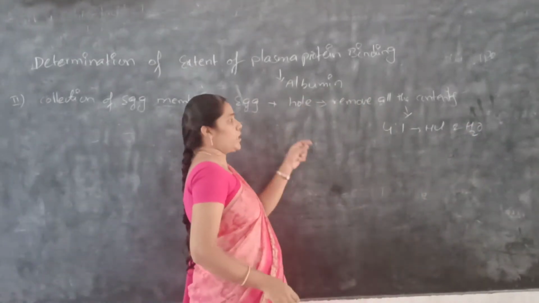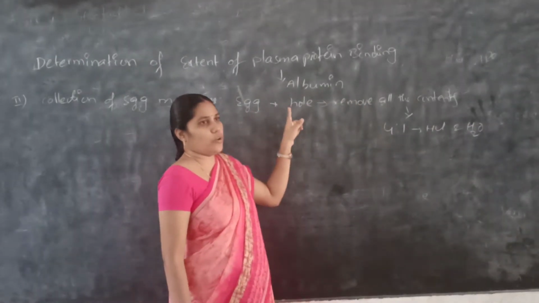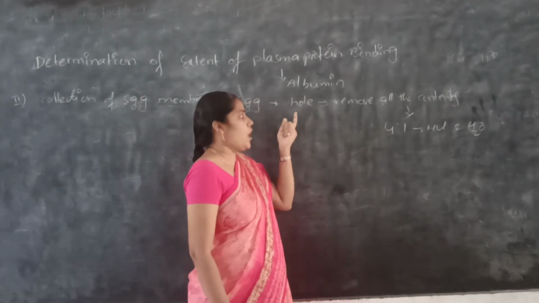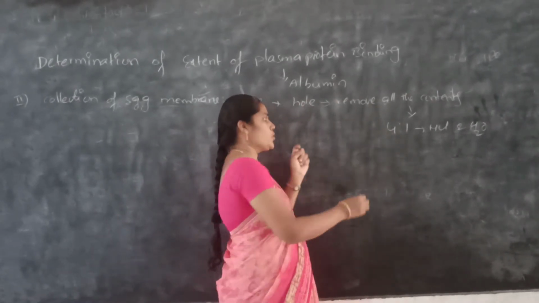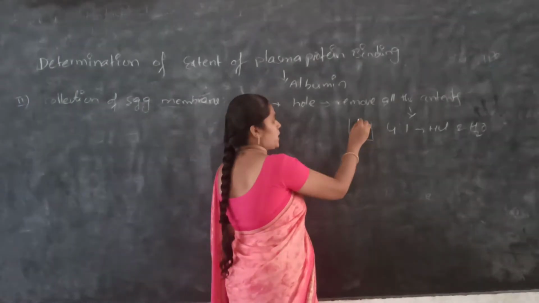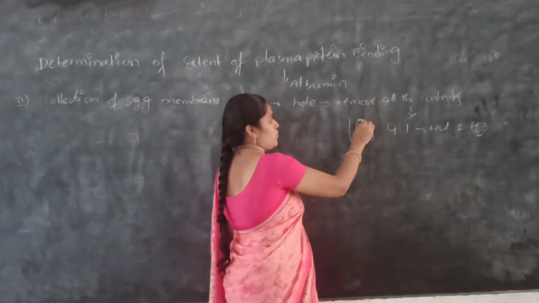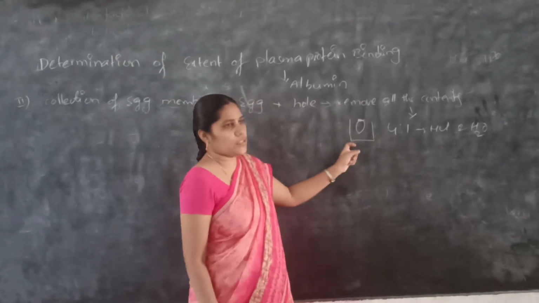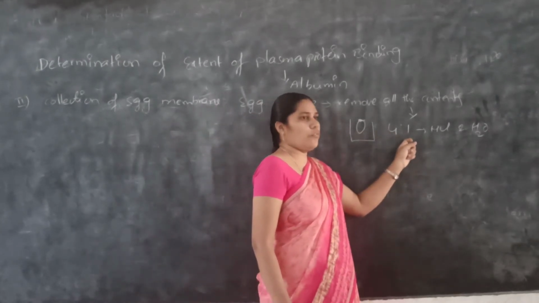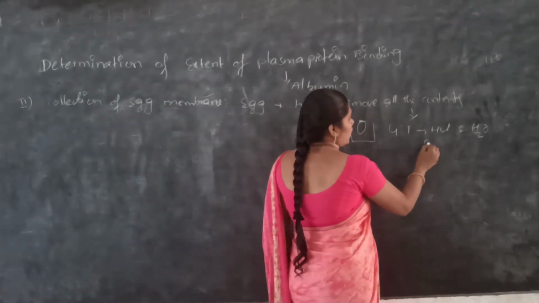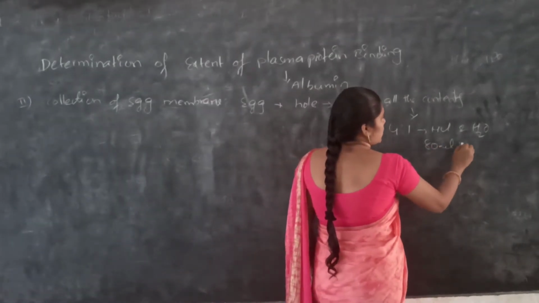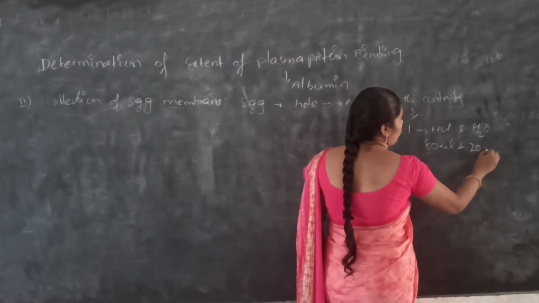Initially we take the egg, make a small hole in it and remove all the contents, and now it is placed in a beaker which contains a 4:1 ratio of HCl and water. So mostly 80 ml of HCl and 20 ml of water.